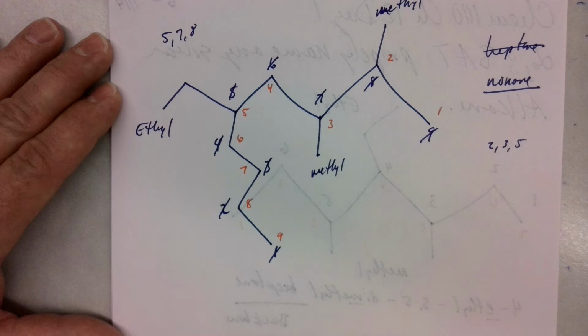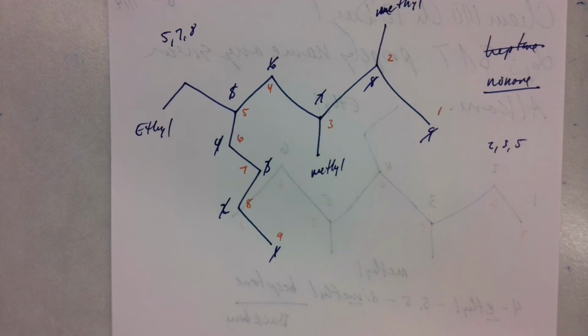Alphabetically. Does di count? No. So ethyl has to come first because ethyl is an E, methyl is an M. Does that make sense? I separate numbers and letters with, did anybody notice? Dashes. I separate 2 numbers with commas.